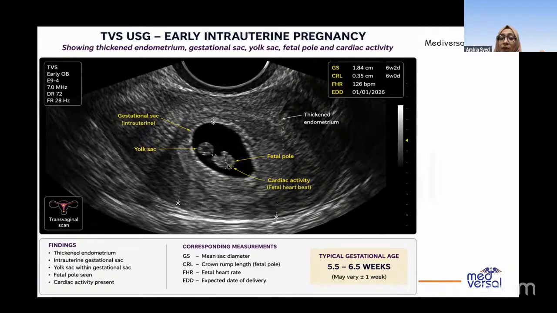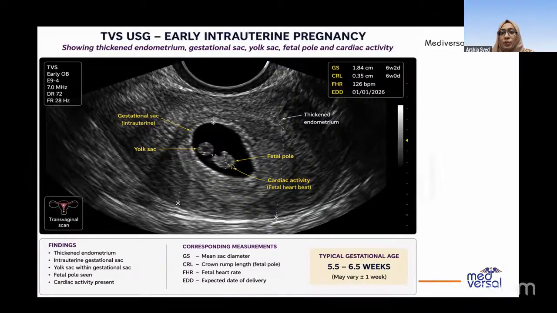Before the fetal pole develops, if only the gestational sac is seen, then you will take into consideration the mean sac diameter in order to assess the period of gestation it corresponds to.